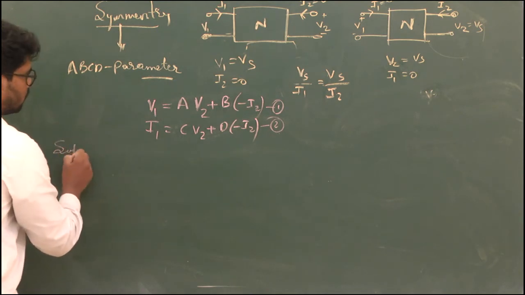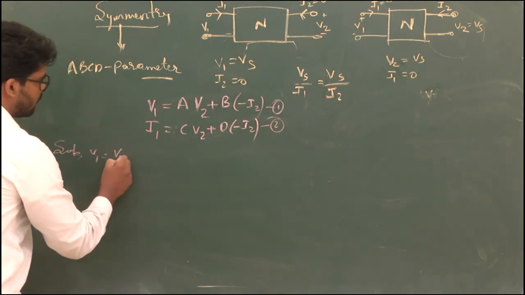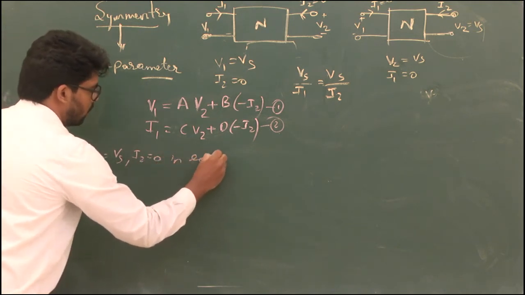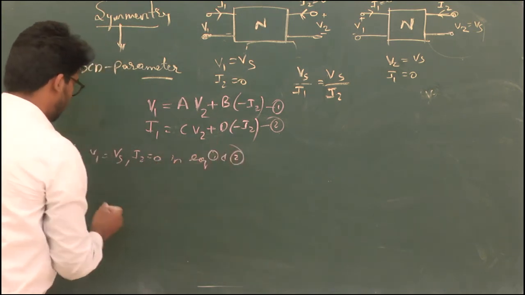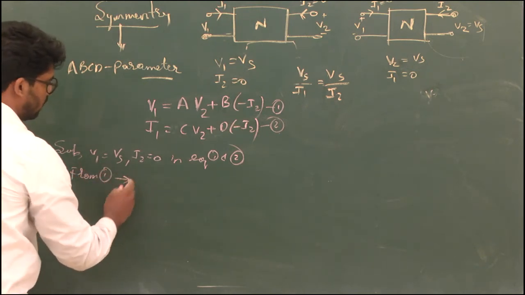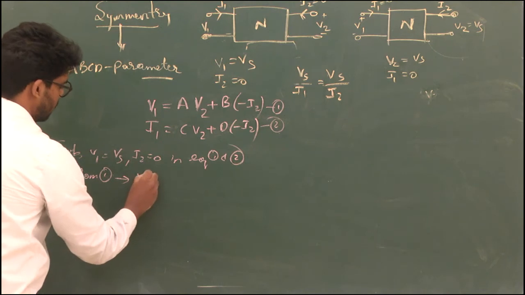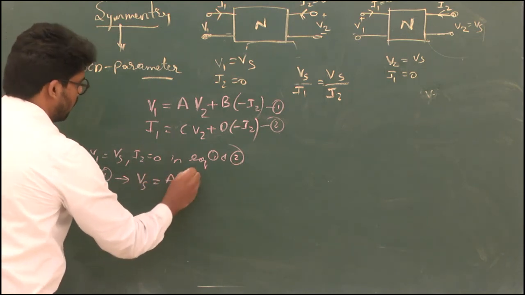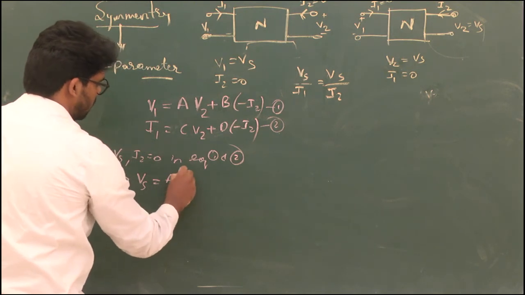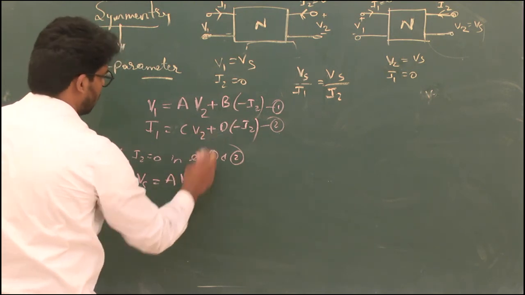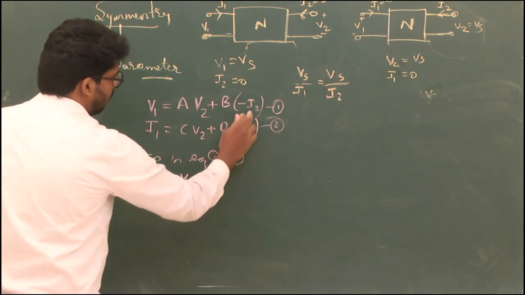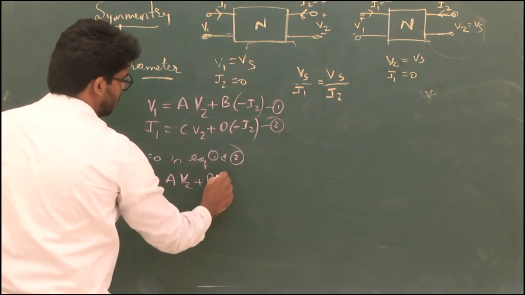Substitute V1 equal to Vs and I2 equal to 0 in equations 1 and 2. From equation 1, you will get V1 as Vs equal to A into V2, there is no change here, plus B into I2, which has an impact, that is minus 0.